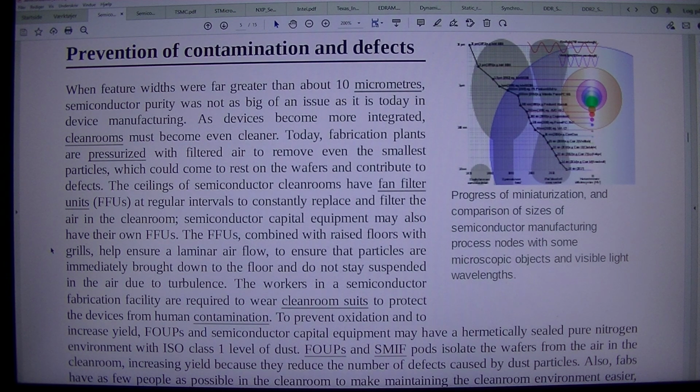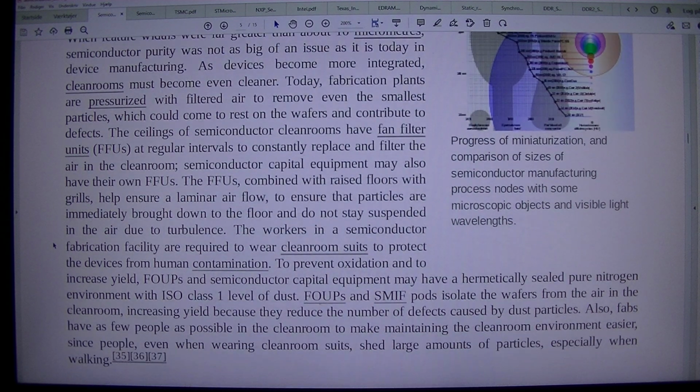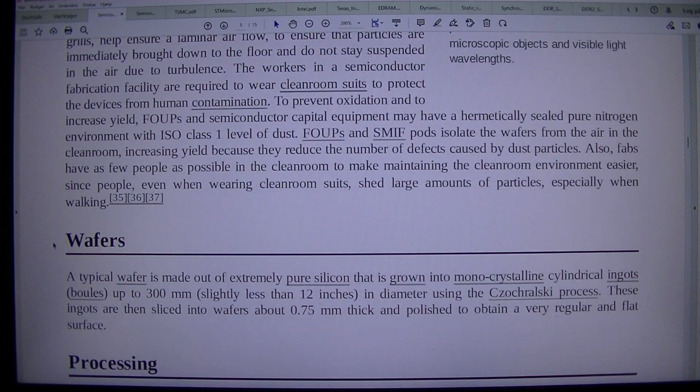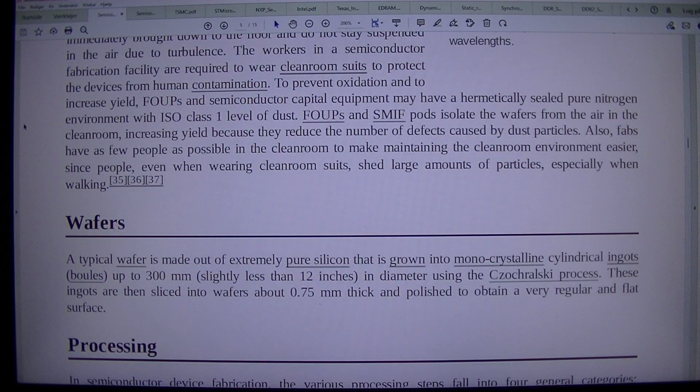The workers in a semiconductor fabrication facility are required to wear clean room suits to protect devices from human contamination. To prevent oxidation and to increase yield, FOUPs and semiconductor capital equipment may have a hermetically sealed pure nitrogen environment with ISO Class 1 level of dust.